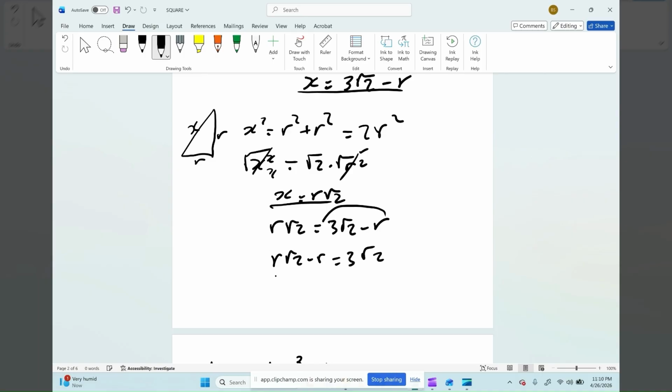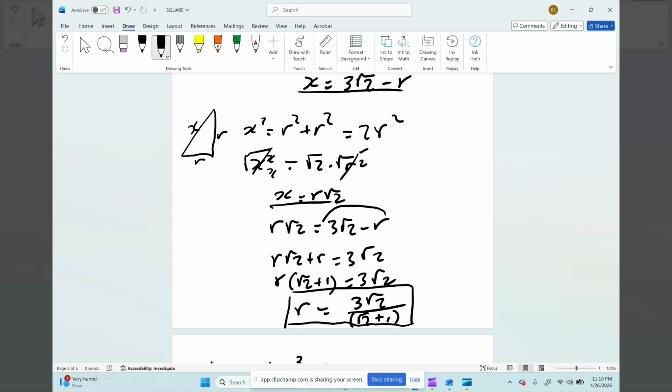And then we have R outside of square root of 2 plus 1 is equal to 3 square root of 2. Therefore, R is equal to 3 square root of 2 over square root of 2 plus 1. That's the value for R using method number 1.